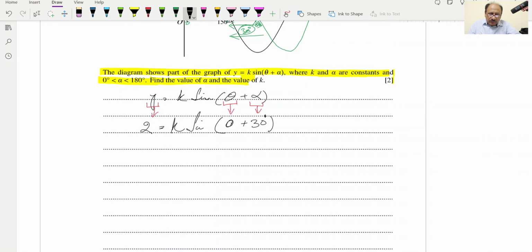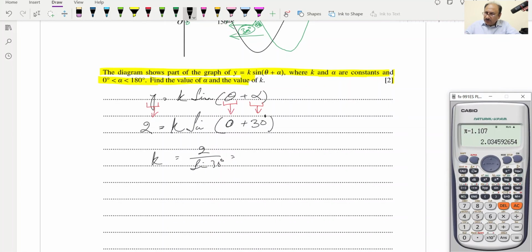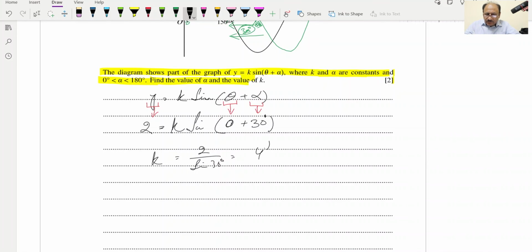So this will be k sine of 30 is equal to 2. So the k value is equal to 2 over sine of 30 degrees, and in degree mode this will be equal to 4. So k value will be equal to 4.